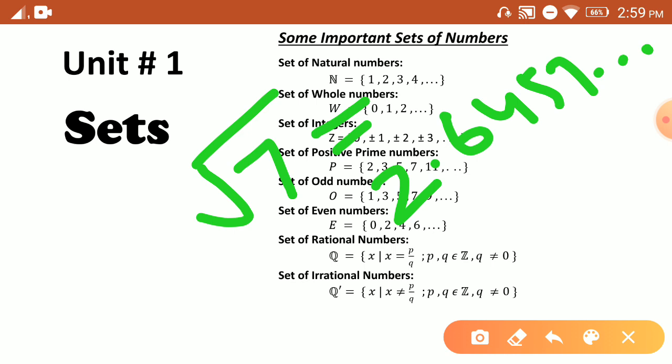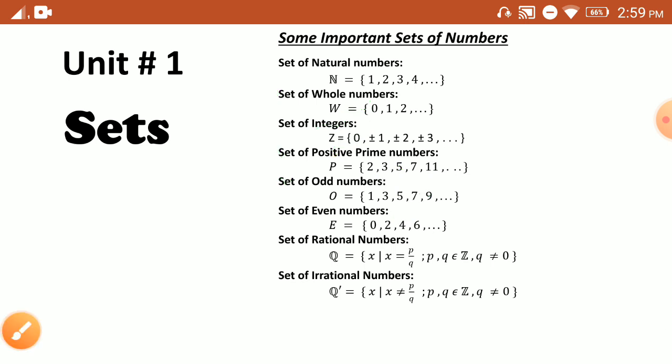So square root 7 will belong to the set of irrational numbers. The numbers which cannot be written in fraction form will belong to the set of irrational numbers, and the numbers which can be written in fraction form will belong to the set of rational numbers.